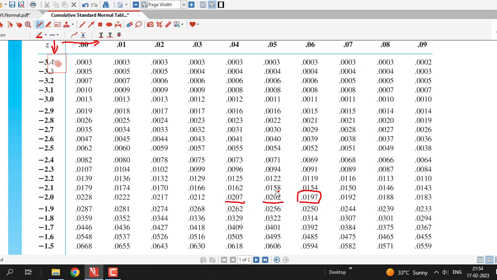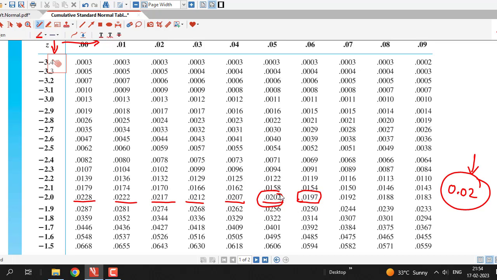These two values are nearest to 0.02, and if we measure the distance of all these values from 0.02, all these values are near to 0.02, but we have to find out the value which is closest to 0.02. So we will select that value such that the difference between 0.02 and that value is minimum.